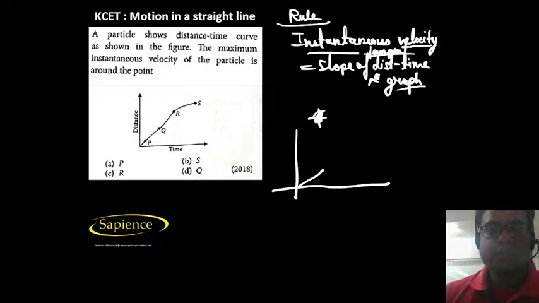So here the graph is somewhat like this. At the point S, if we draw a tangent, it will make a very small angle with the time axis. It is D versus T. At point R the tangent will be somewhat like this, at point Q the tangent will be somewhat like this, and at point P the tangent will be like this.